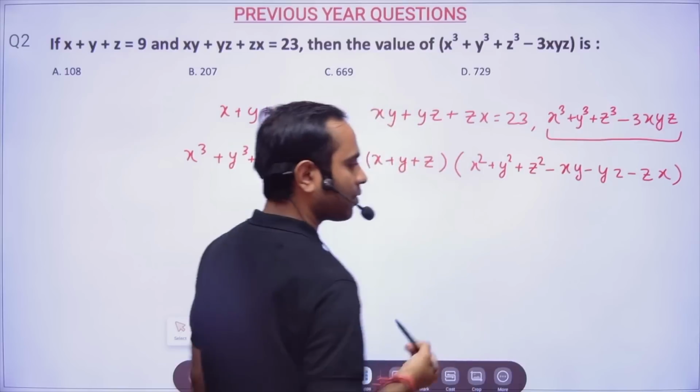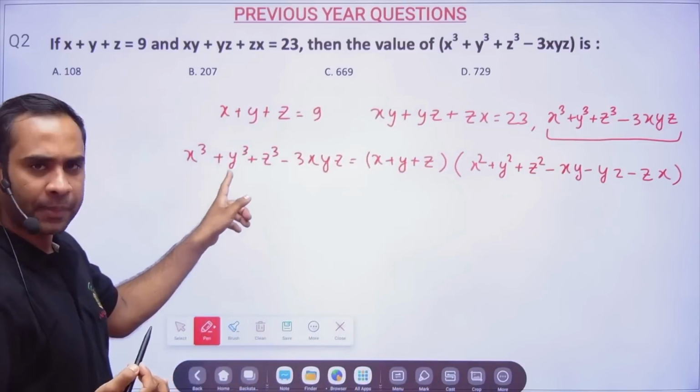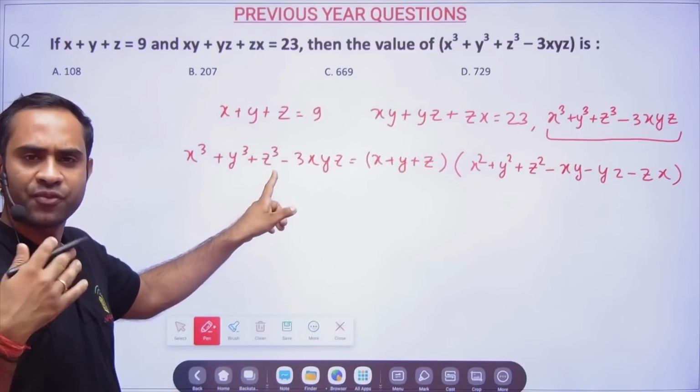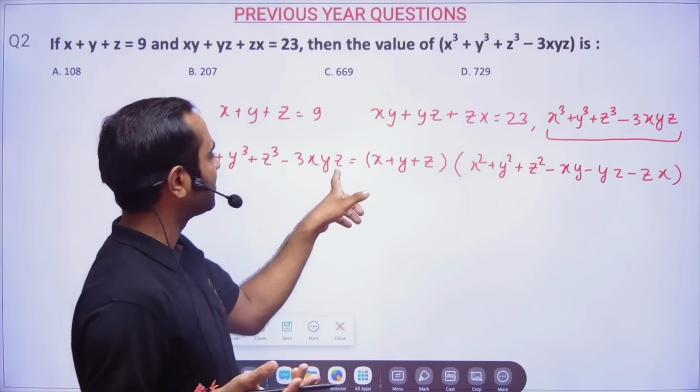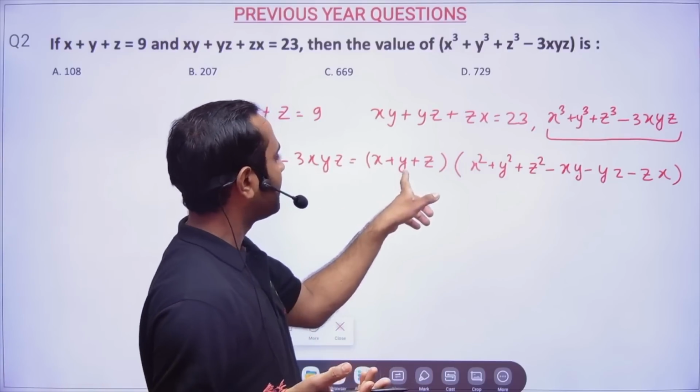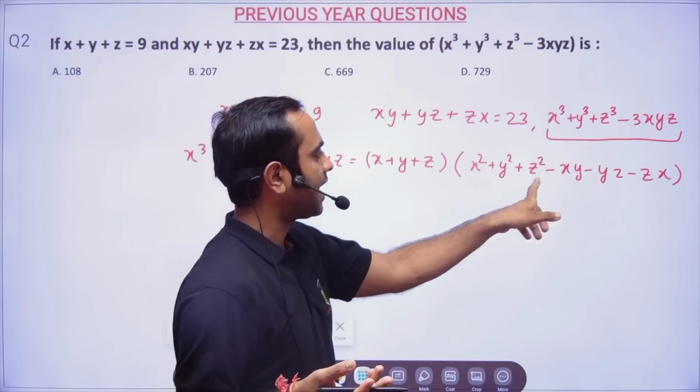So this is the formula. If you are writing with a cube, b cube, c cube, then a cube plus b cube plus c cube minus 3abc is equal to a plus b plus c and then this value.